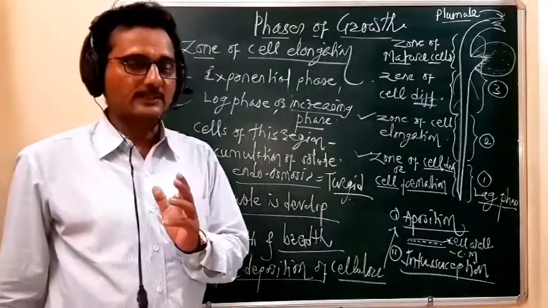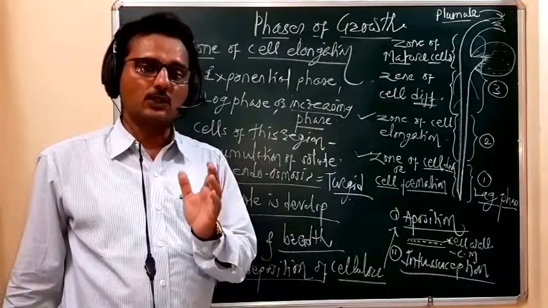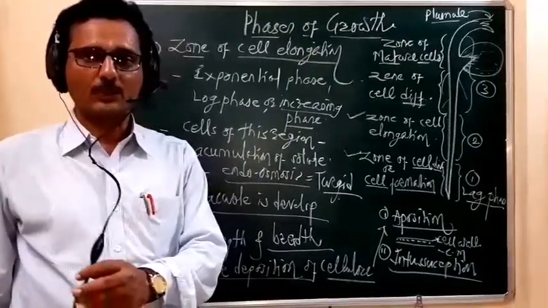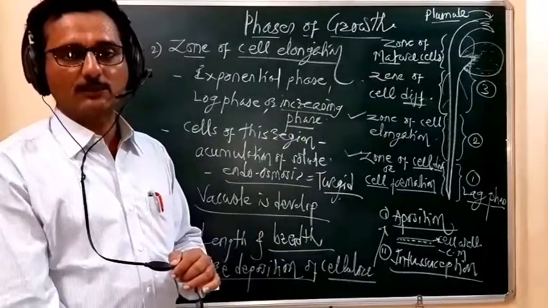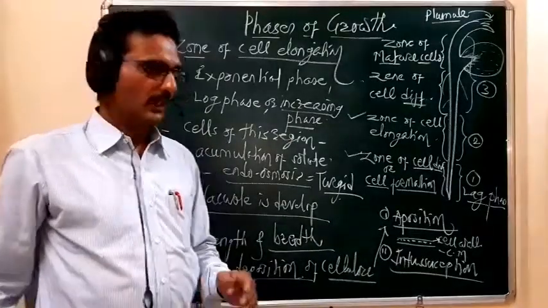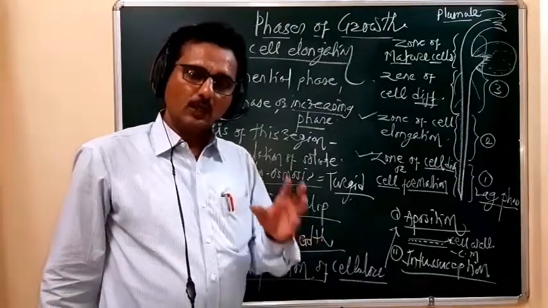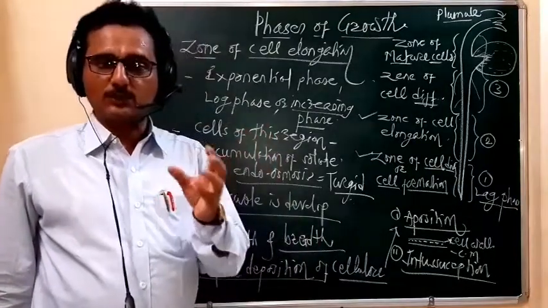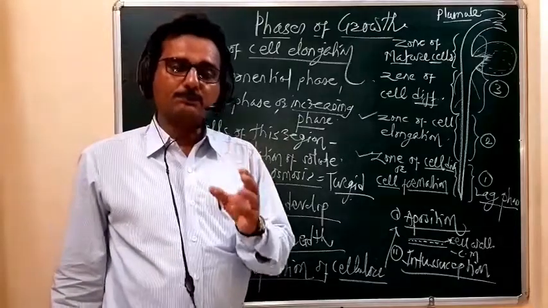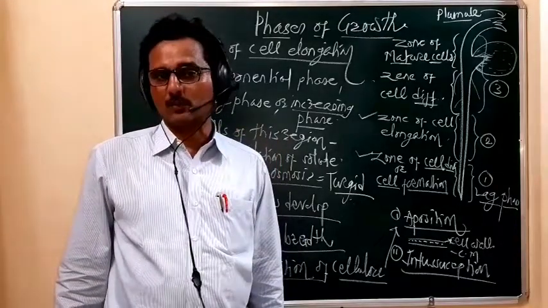So what is the intussusception type of cellulose deposition? In intussusception, the cellulose is deposited in between the previously formed cellulosic cell wall.